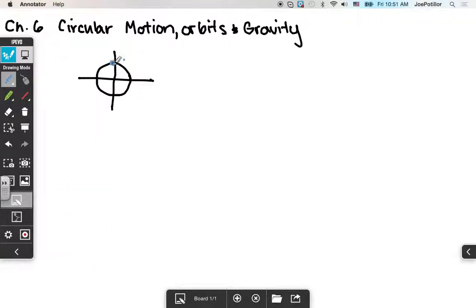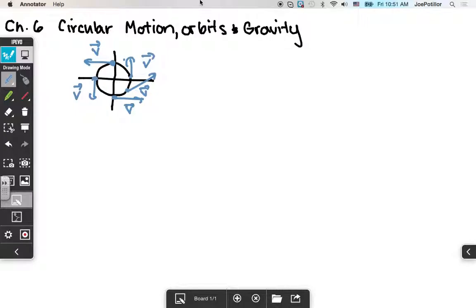You have, of course, your velocity at different points in the circle.